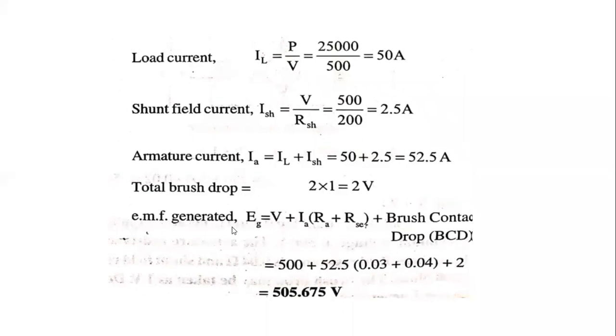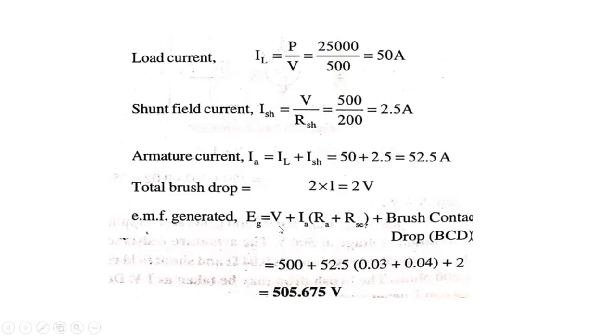Then what is the EMF generated formula? EG is equal to V plus IA RA plus ISC RSC. ISC is equal to IA, so we take the IA current common, plus the brush drop.